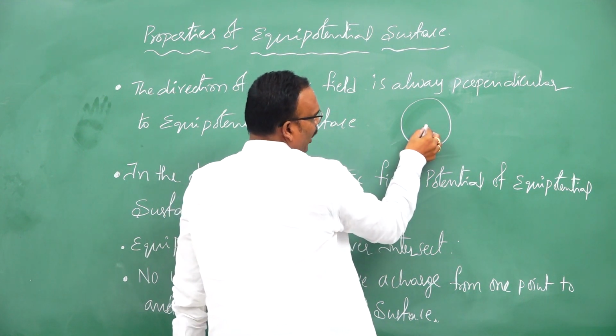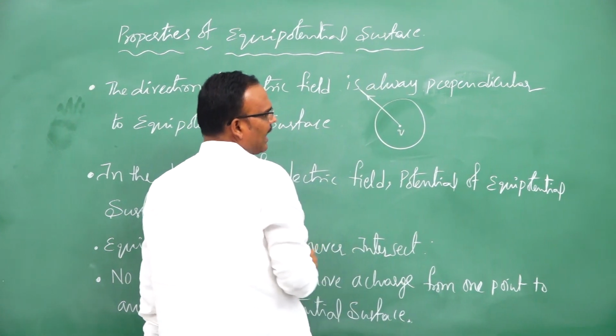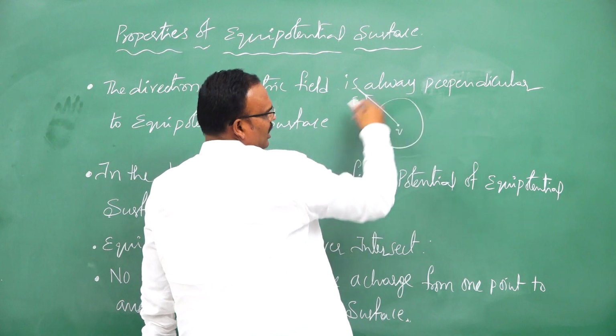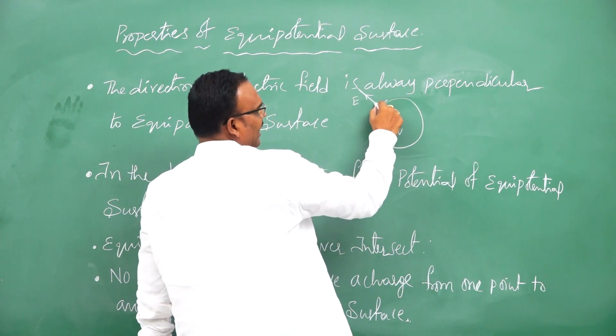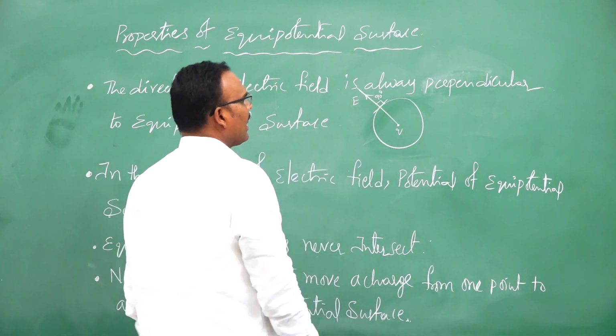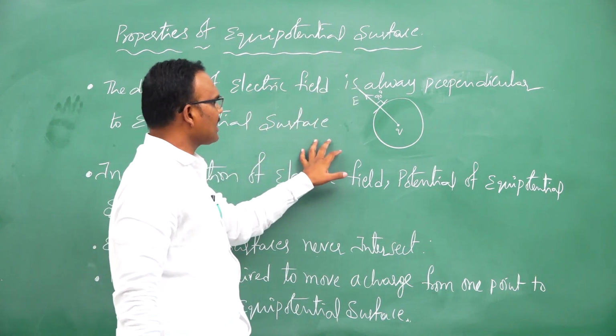Electric field due to a point charge is radially outwards. This is the direction of electric field. This is the equipotential surface. The angle between them can be measured by drawing a tangent here. So the angle between them is 90 degrees. That's why electric field is always perpendicular to the equipotential surface.